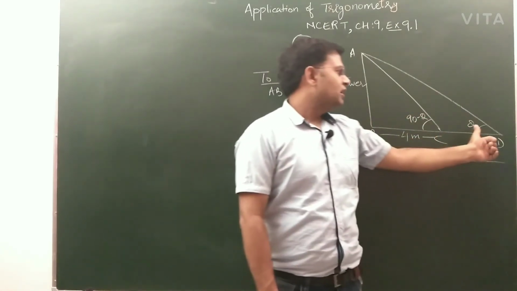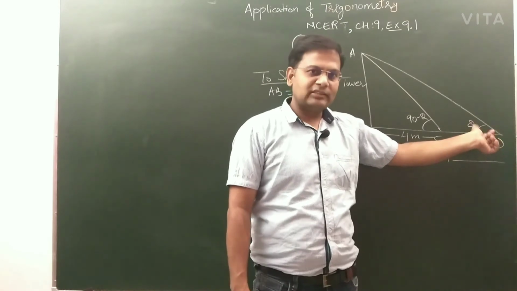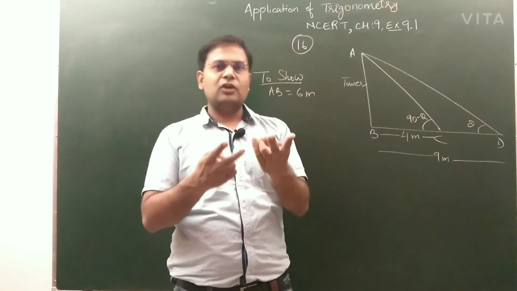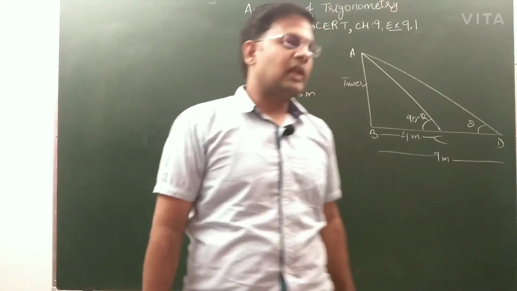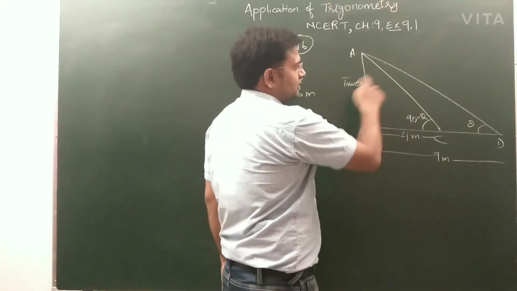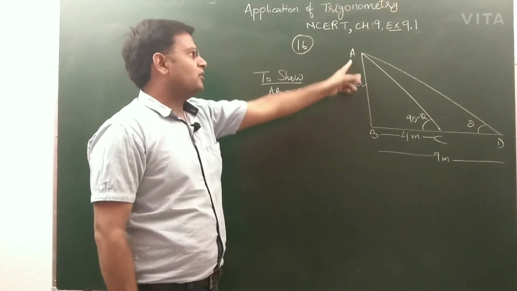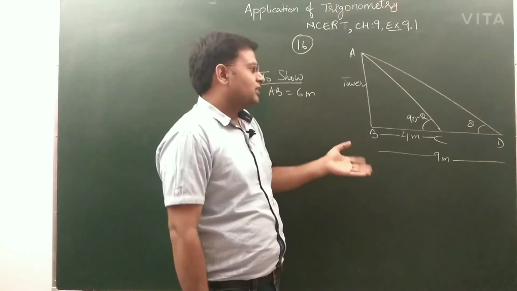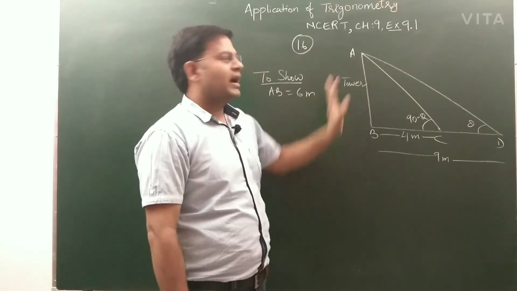Complementary means if one angle is theta, then the other will be 90 minus theta, because two angles are complementary if the sum is 90 degree. In this figure you have to find the height of the tower AB.